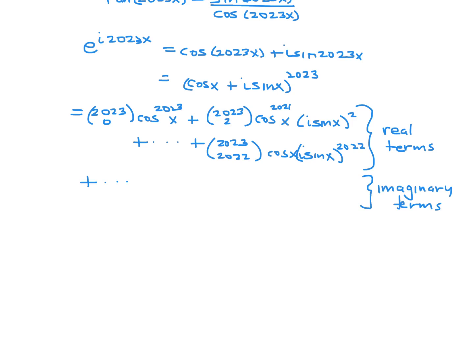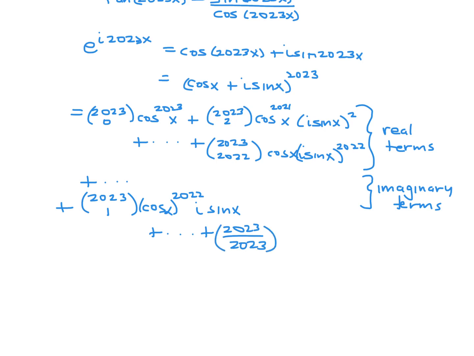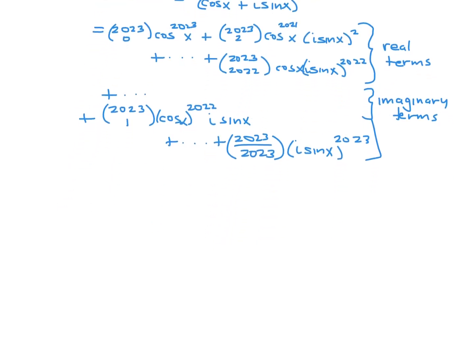They would be 2023 choose 1, cos of x all to the 2022, and then i sine x. And then eventually you will get to 2023 choose 2023, i sine x to the 2023. So these are all the imaginary terms. Okay, so we got that big long expansion done.